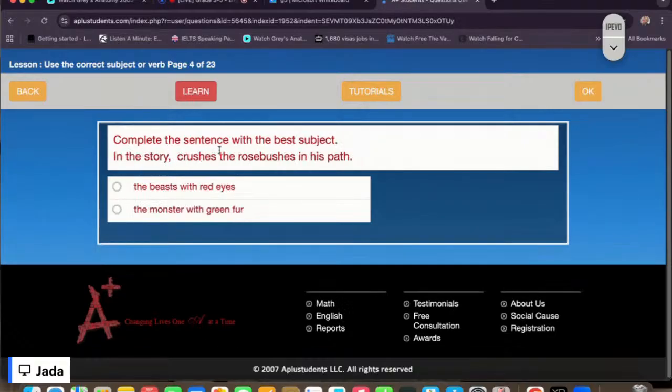So in the story, Dash crushes the rose bushes in his path, first or second.